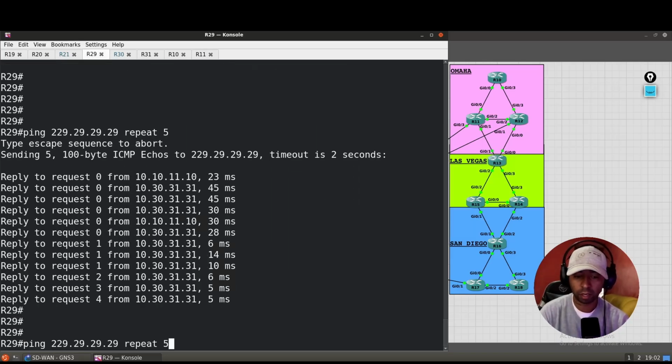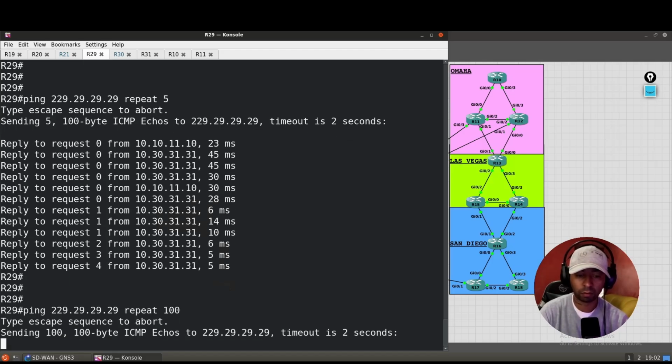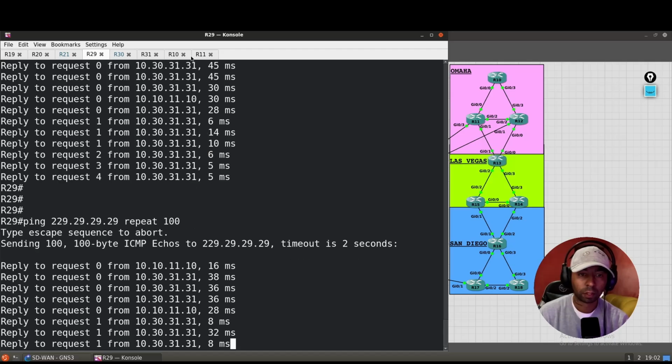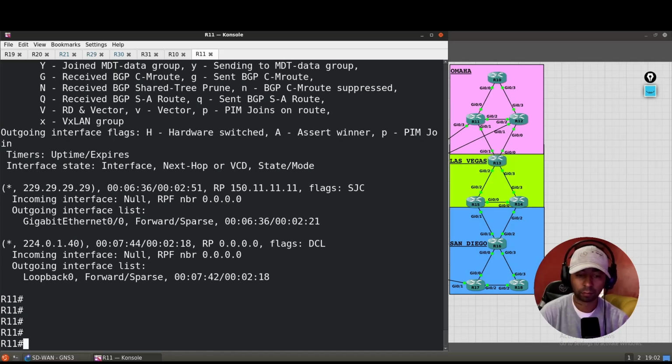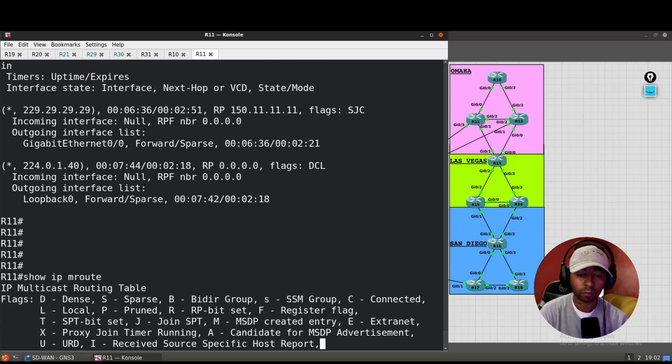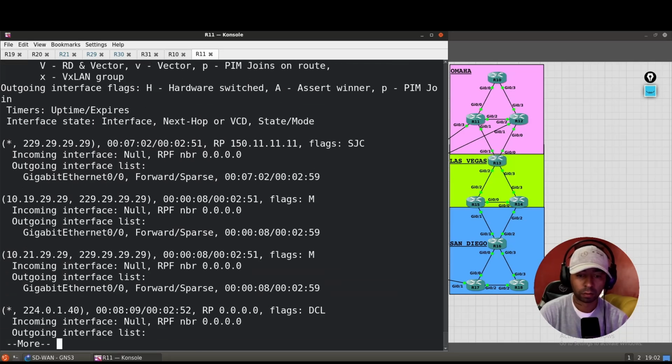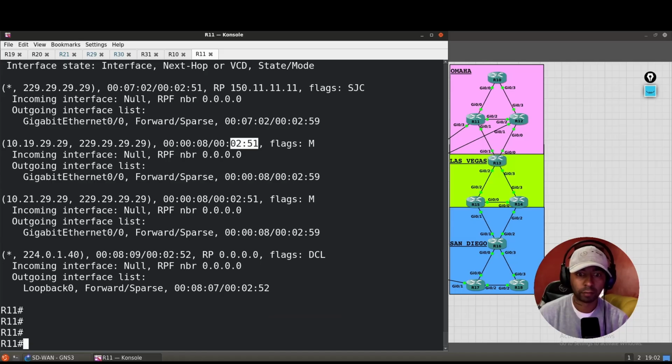So now I will say that it will be 100. Let me go back here. Show IP mroute. Yes, the time is 3 minutes. Alright, so we are still seeing null here.